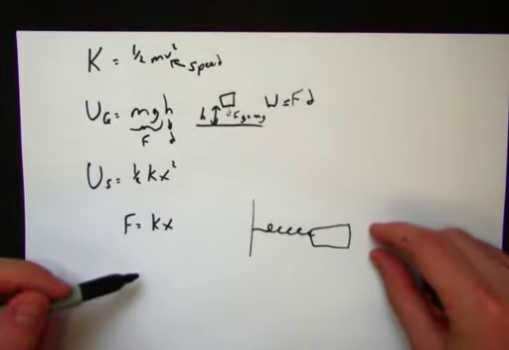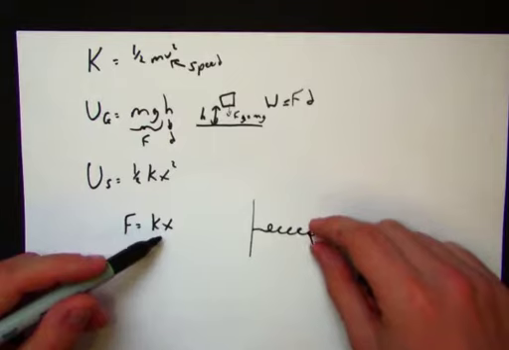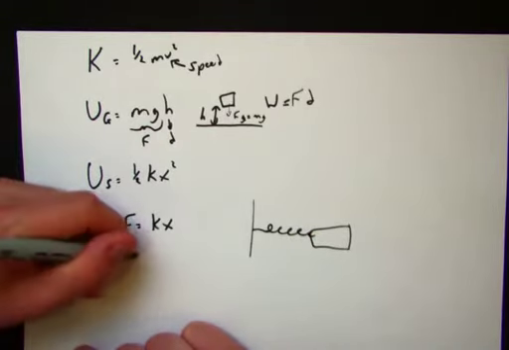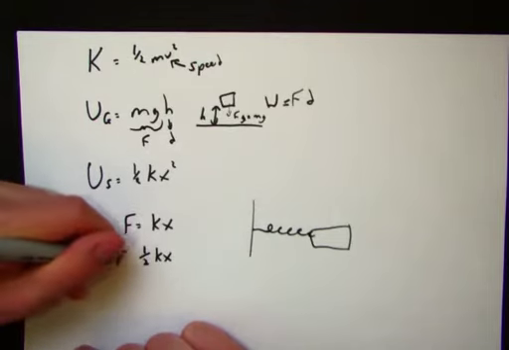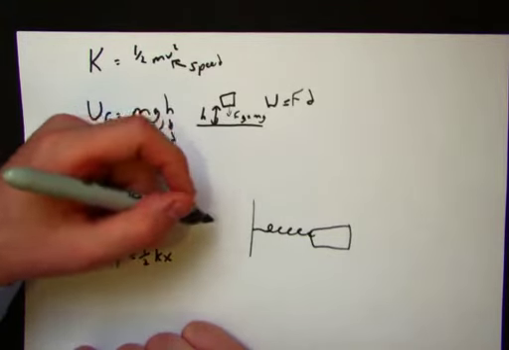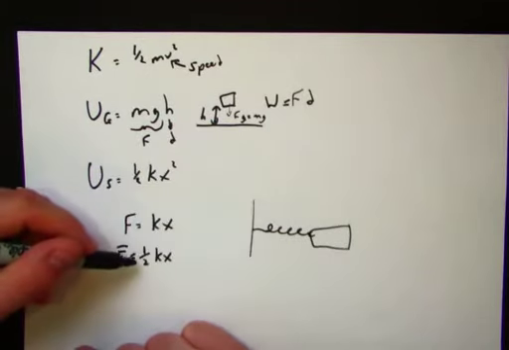If I pull this mass out and let it go, the force of the spring will be changing as it moves. Now, we want to take an average of it, so we say, let's just figure out what 1/2 kx is. That's like the average force over that entire time. It'll go to 0, but at the beginning it'll be the most. And we'll just say 1/2 kx would be the average as it goes back to equilibrium.